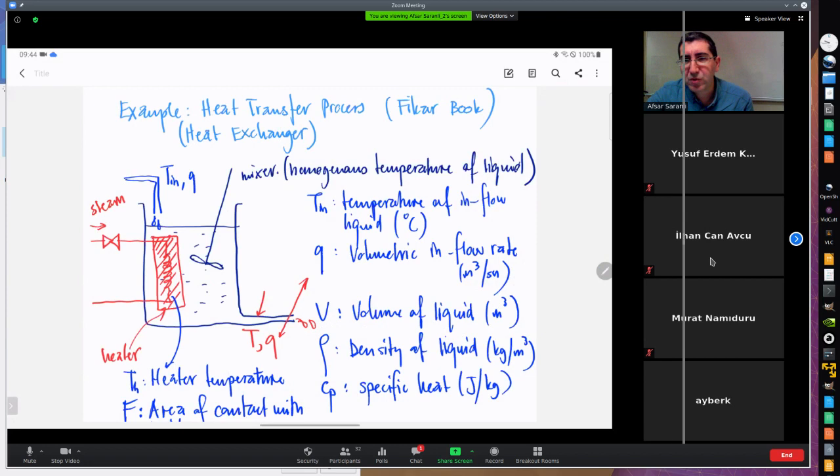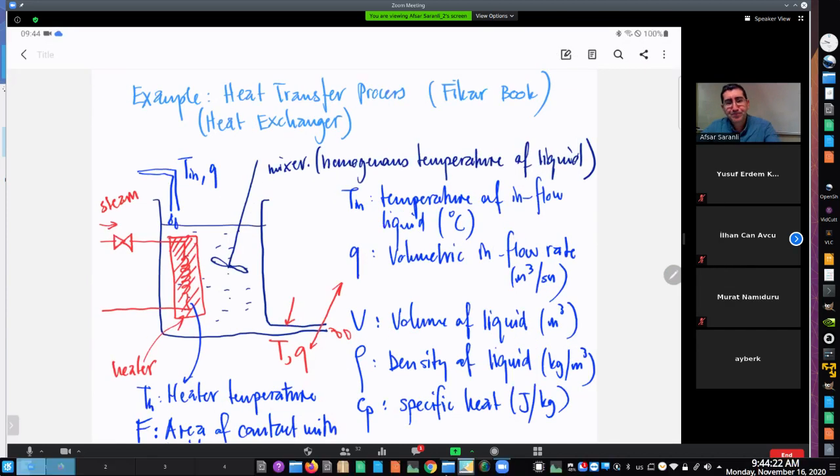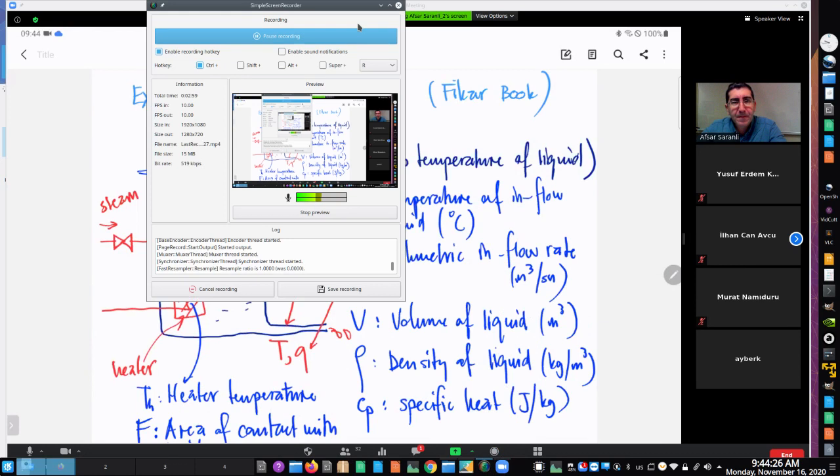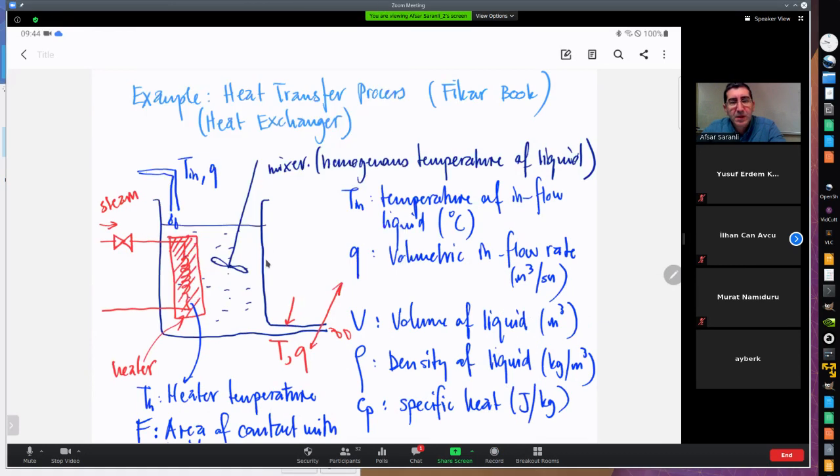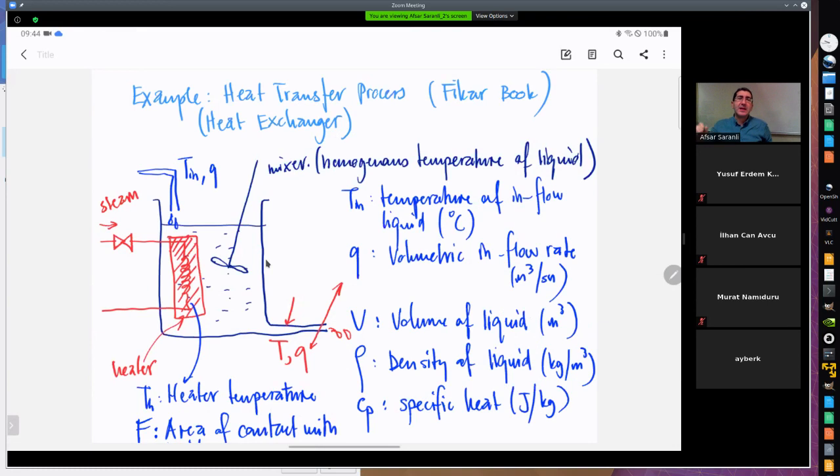Let me remind you guys that essentially we started looking at a system called the heat exchanger. This system is primarily used for regulating the heat of a flow of liquid.